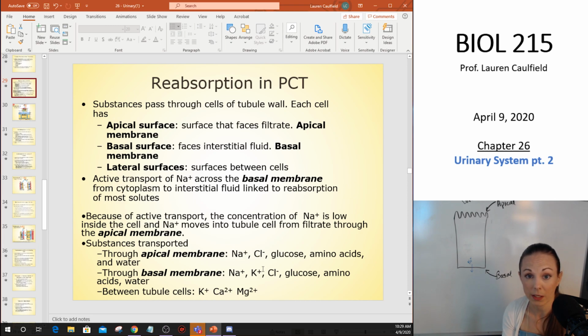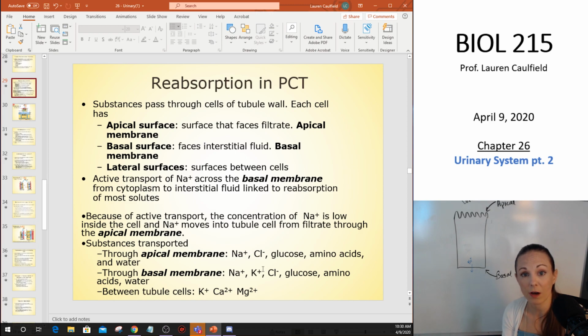Glucose is obviously extremely important, and we need that in our blood to make sure that's available to our cells. Same thing with amino acids. Those are incredible building blocks that we need for making proteins and other things.